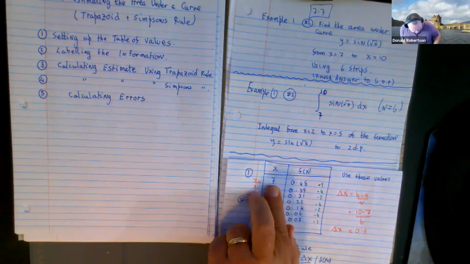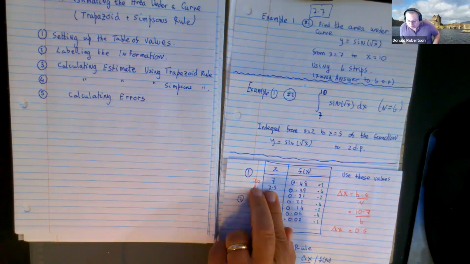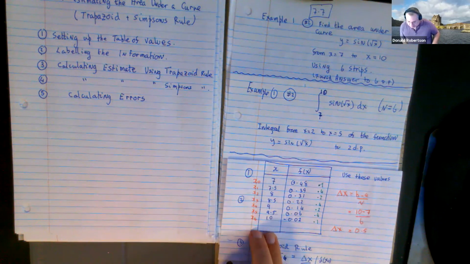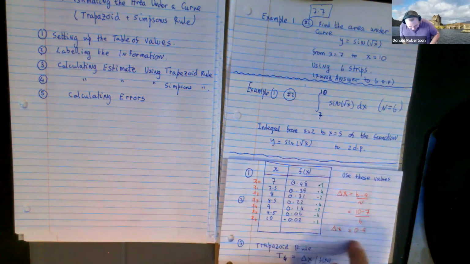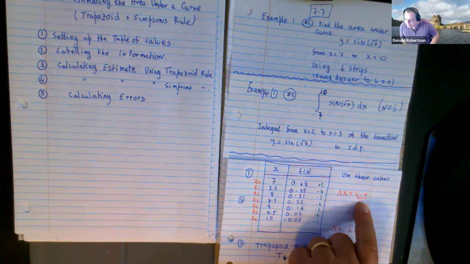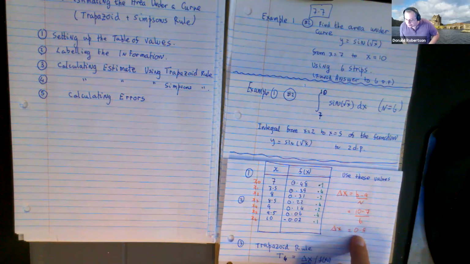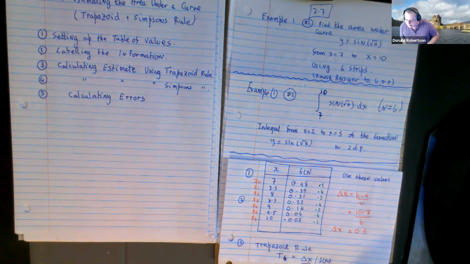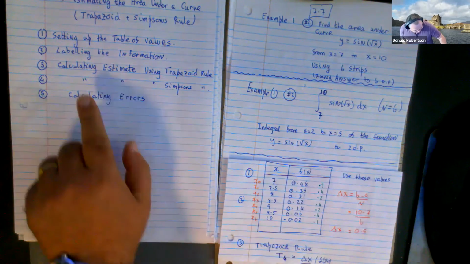This guy is called X0, X1, 2, 3, 4, 5, and the last guy is called X6. And over here, that's where that 0.5 comes from. Remember the start take away the finish divided by the number of strips? That's why each strip is 0.5 wide. So far, so good. And that is step 2.